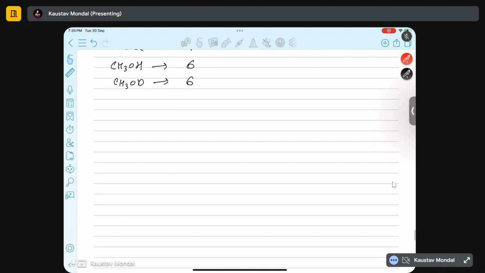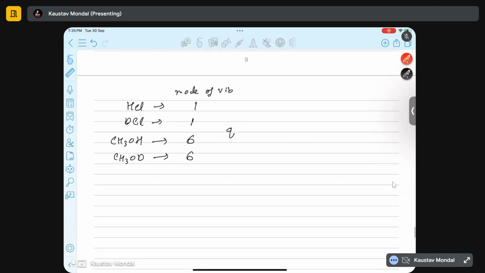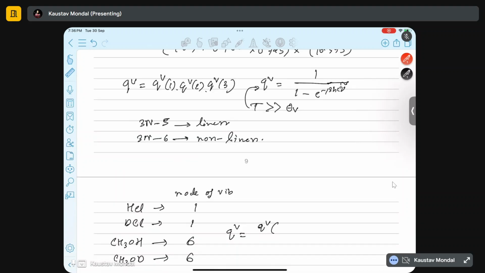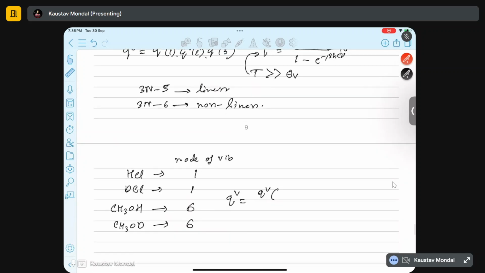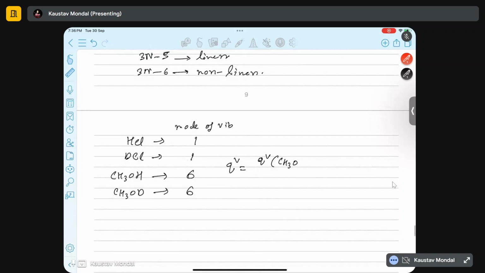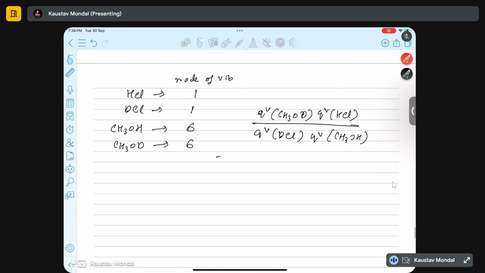Now for the vibrational part, the equation looks like this: QV of CH3OD into QV of HCl divided by QV of DCl into QV of CH3OH. For CH3OD, there would be 6 contributions, Q1, Q2, Q3 up to Q6, and for HCl there would be just one contribution.